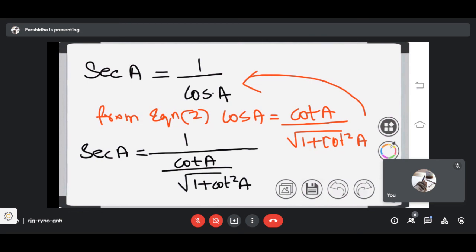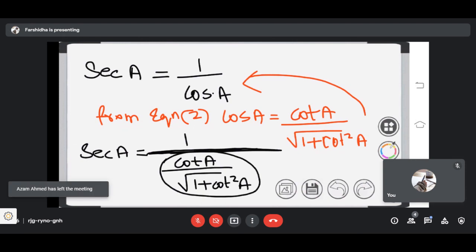Now, one more step is there. I told you, this is the main division sign. When you take these two to the other side, we take the reciprocal and the division becomes multiplication.